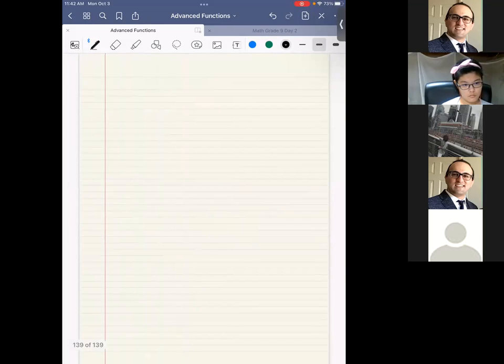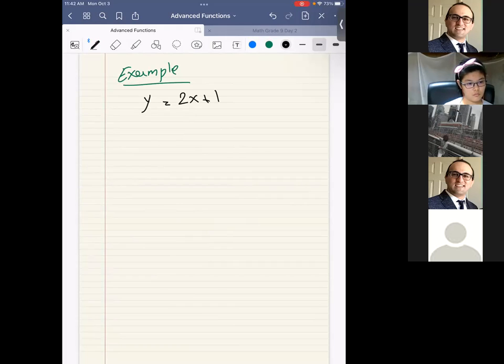Okay. A very easy example. y is equal to 2x plus 1. Find the inverse, or say that f of x is equal to 2x plus 1. In order to find the inverse, you just write y equal to 2x plus 1 and solve for x.